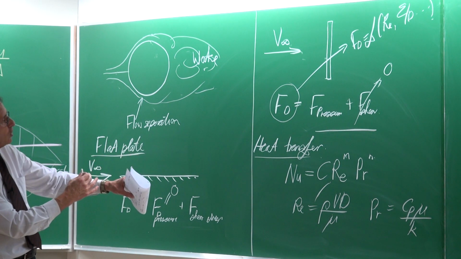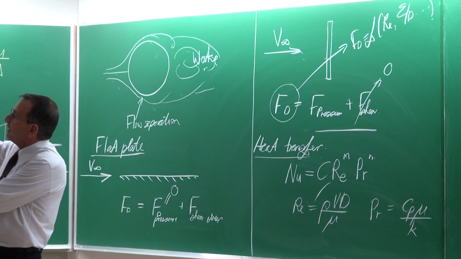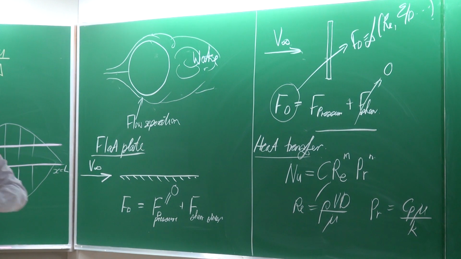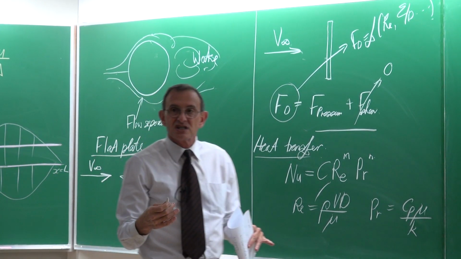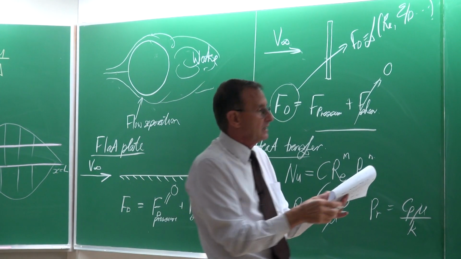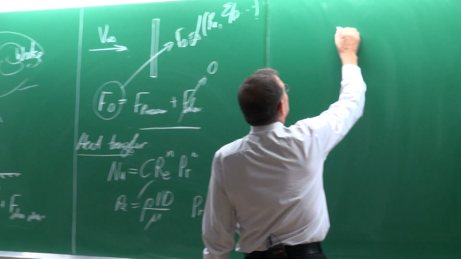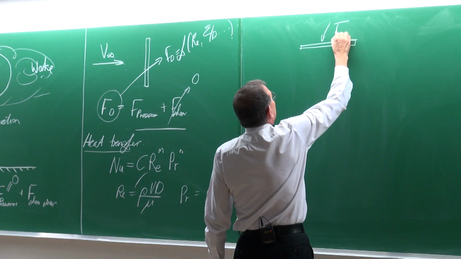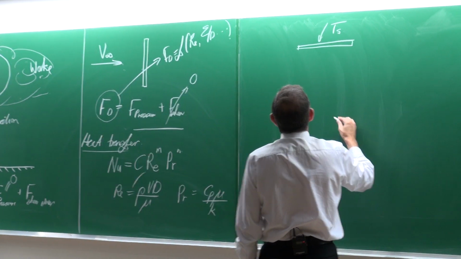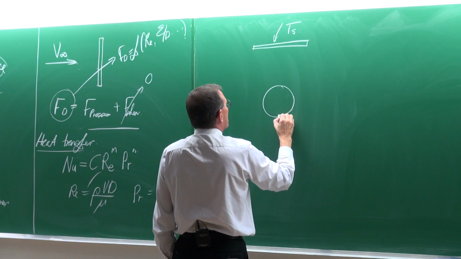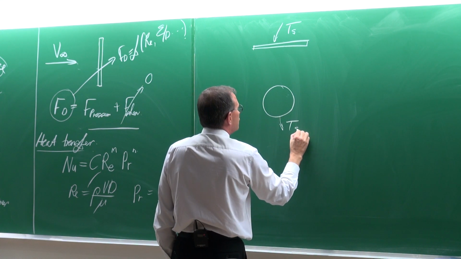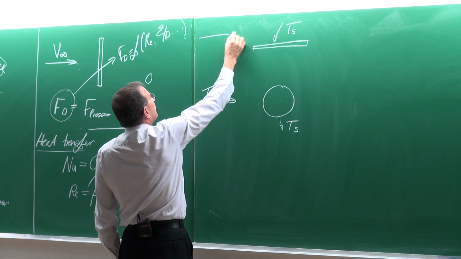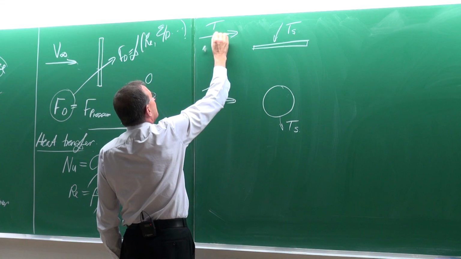So if we've got a problem of external forced convection and we would like to look at the heat transfer, we need to decide at what temperature it should be. Normally, if this is maybe a body and it's at a temperature Ts, or it might be a body like that, and that is the temperature Ts, and that is the free stream velocity and temperature.